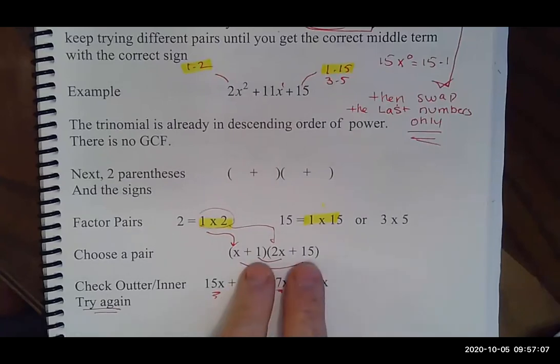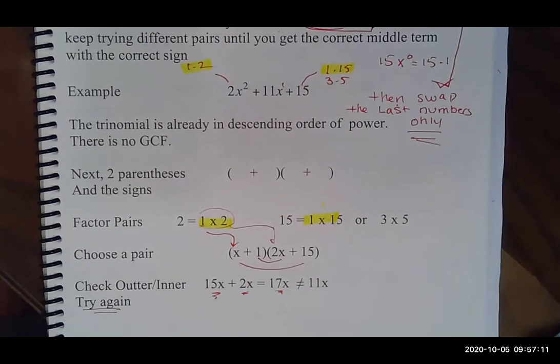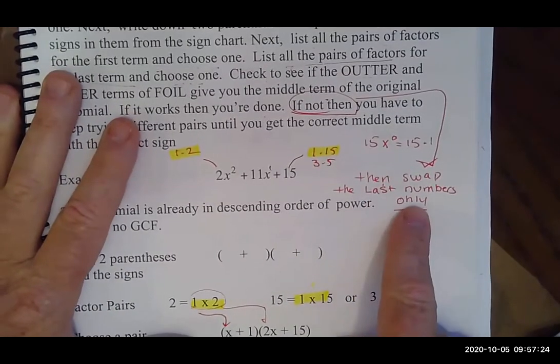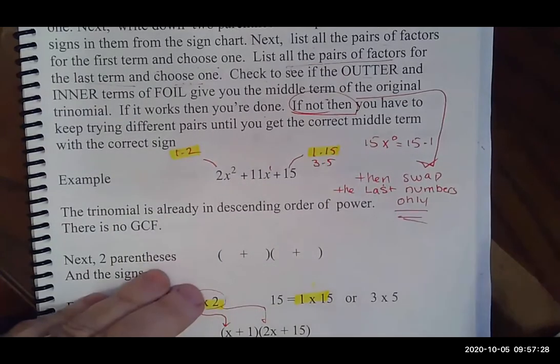If I took the 15 and the 1 and swapped their position, would I get a different outcome? Usually you do. Maybe you would have gotten the 11 that way. So that's why I'm saying if it doesn't work the first time, swap the last numbers only.